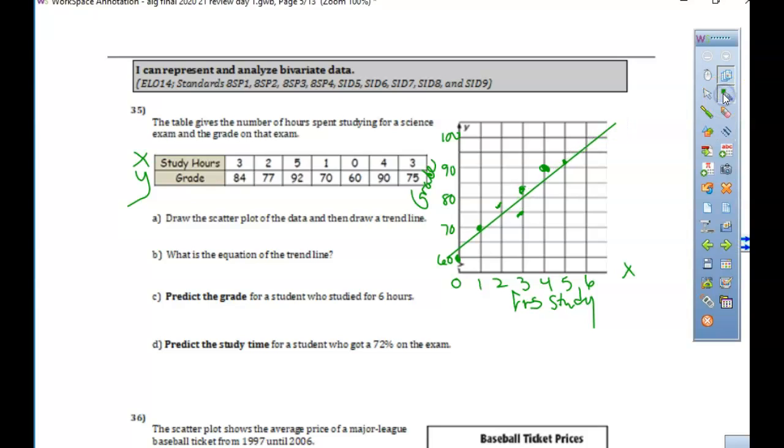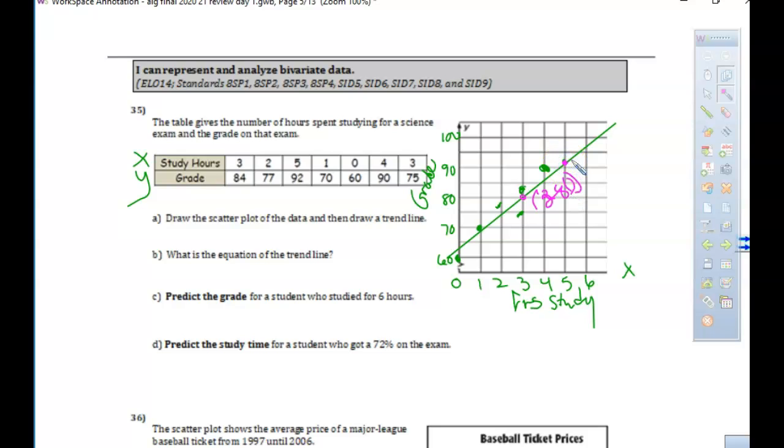Okay? And I look at it and I go, oh, this is a nice point. This is at 3, 80. 3 hours, 80. Was that one of my data points? No. It's on my line. The other thing I noticed on my line is, well, this one looks like it's almost on the line.